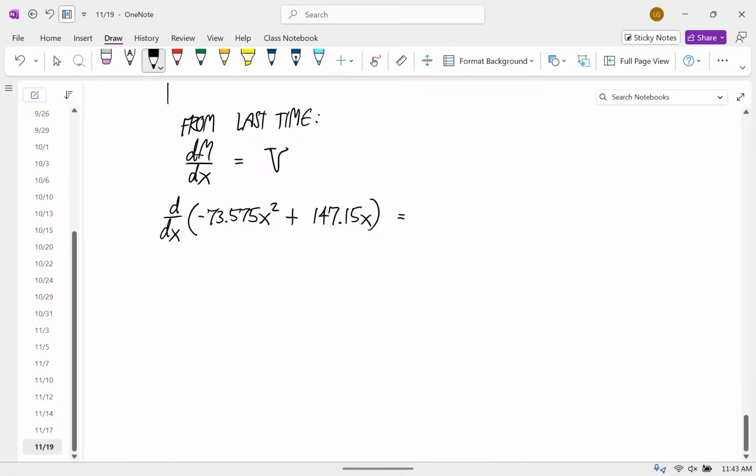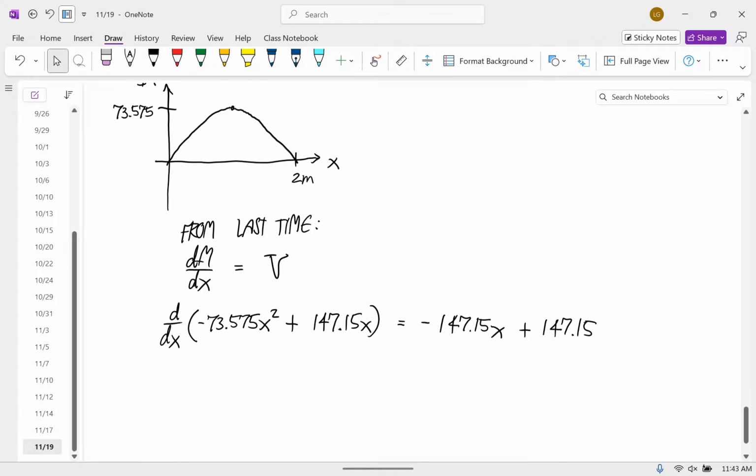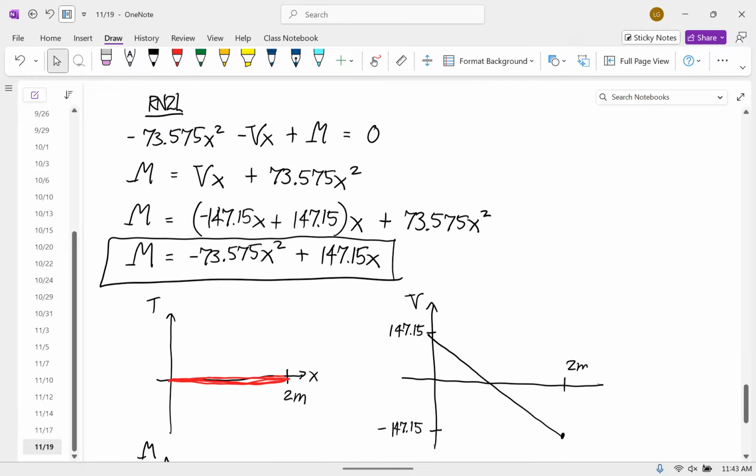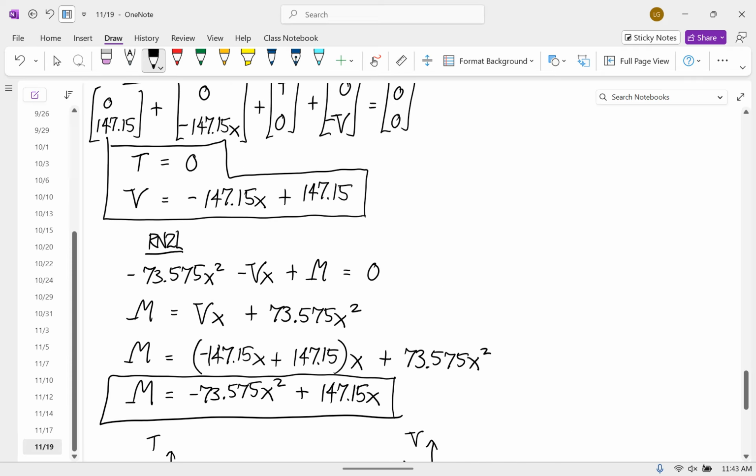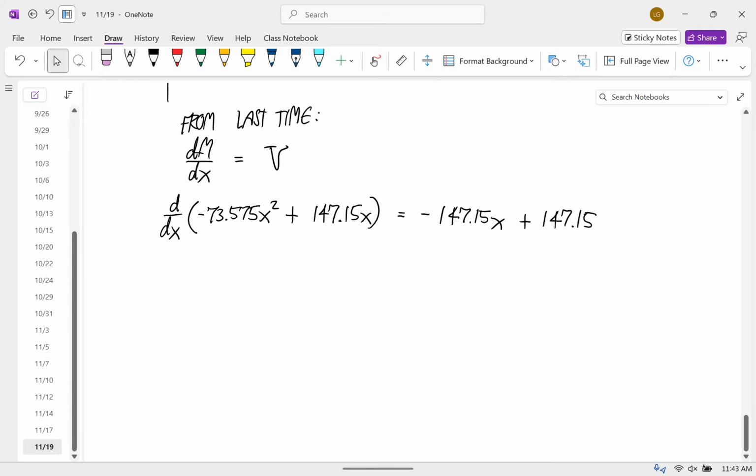Take that derivative and you get negative 147.15x plus 147.15. And look up at the function for V, and that's what it is. So that equals V, and so check.